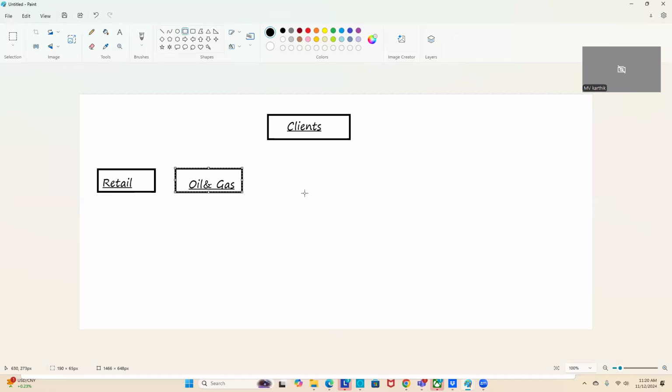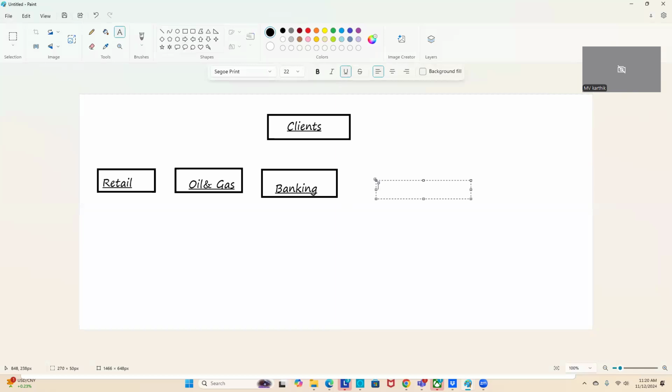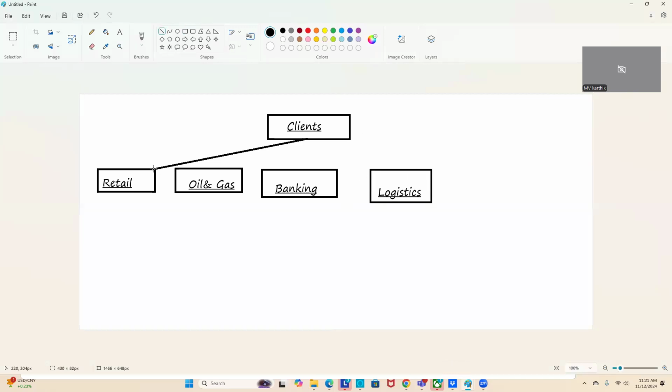Another one is the banking domain, which is used as part of data processing. Another one is logistics. These are all the domains which we have in IT.